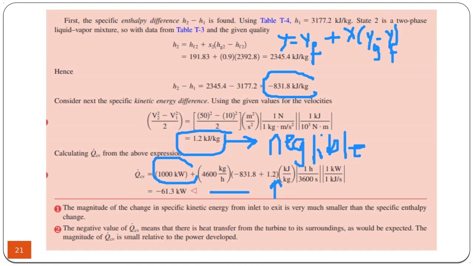So you find that the turbine is losing 61 kilowatts. If it was perfectly insulated, then this would be zero, meaning that you could have more work. But in this case, because the turbine is losing heat, the total work acquired by this turbine is less.